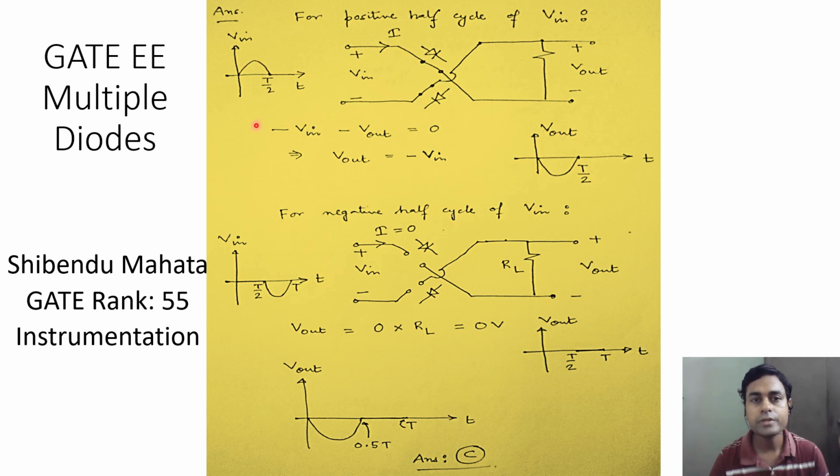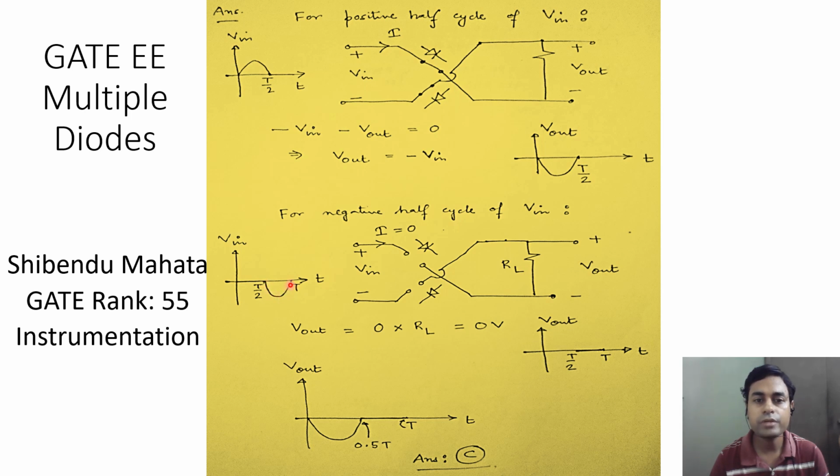And this simply implies that if the input was a positive going sinusoid, then the output will be a negative going sinusoid. So note that for the positive half cycle, the output is an exact replica of the input, but with phase reversal.